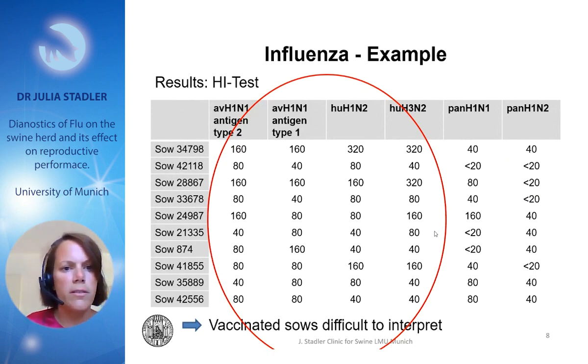On this slide, you can see the results of the hemagglutination inhibition test. Antibodies were present against all subtypes. And if we look at the antibody titers against avian H1N1, H1N2, and H3N2, they were representative for a vaccinated herd.